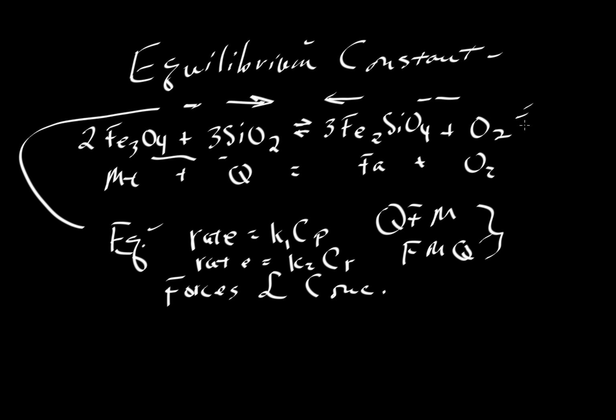So using the same formula, we can think of a rate going to the right, and that rate would be equal to, let's just call it rate constant K1, times the concentration of magnetite multiplied by the concentration of quartz.